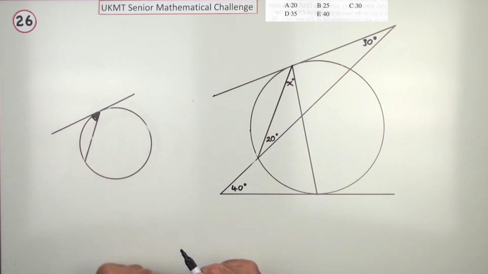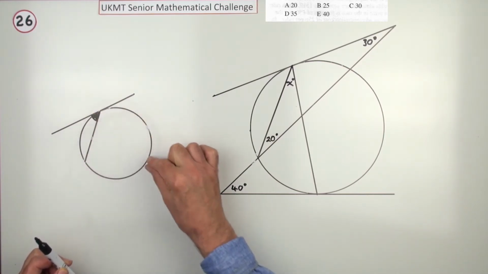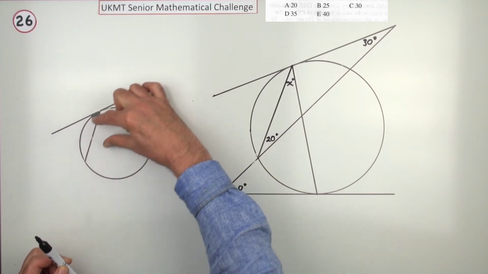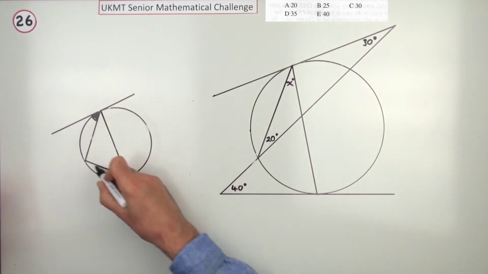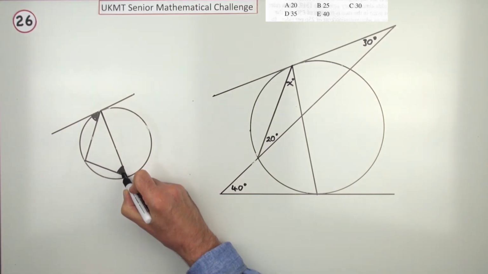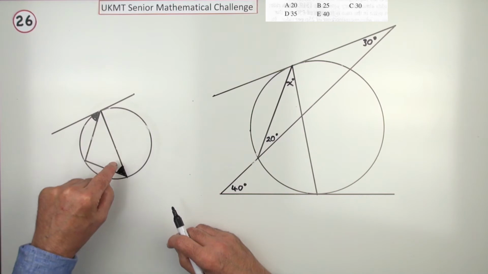There's the minor segment, there's the major segment, and of course a chord subtends the same angle at the circumference in the opposite segment, so that in this case, if I just choose this angle here, the alternate segment theorem says this angle is the same as that angle.